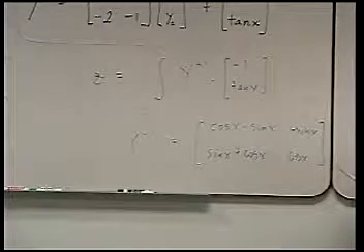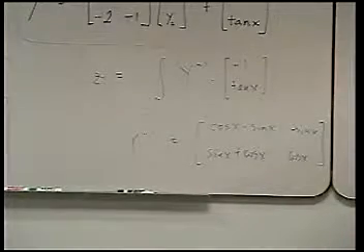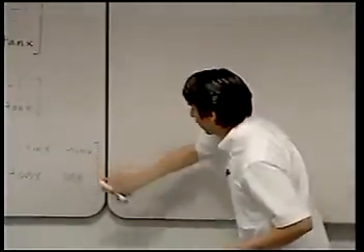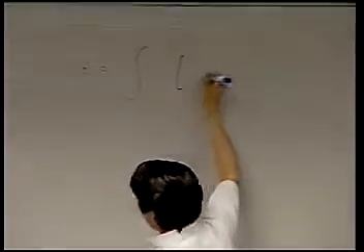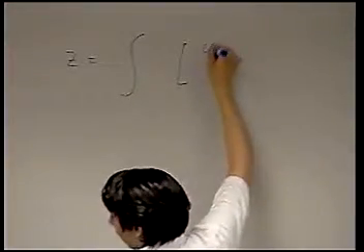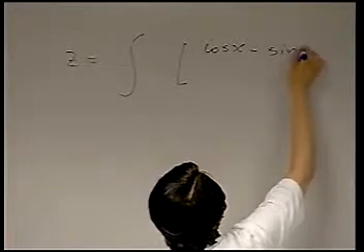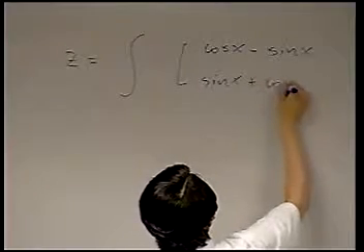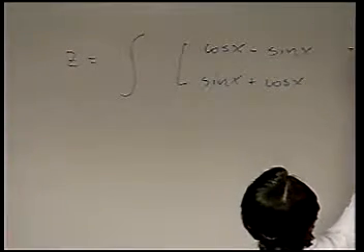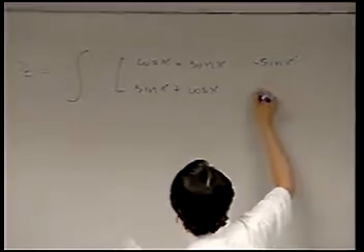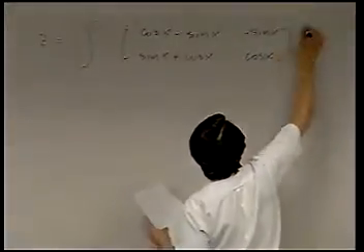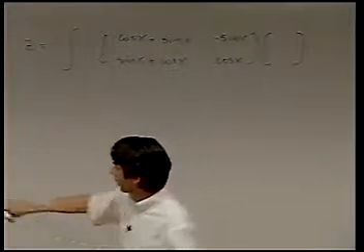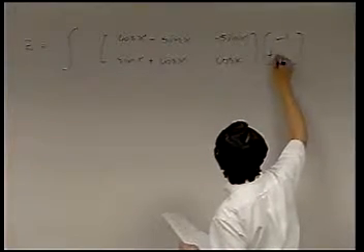In the second board, z equals the integral of the inverse of y, which is cosine x, minus sine x, sine x plus cosine x, and then negative sine x, cosine x, multiplied by negative 1 tangent x, the vector or 2 by 1 matrix.